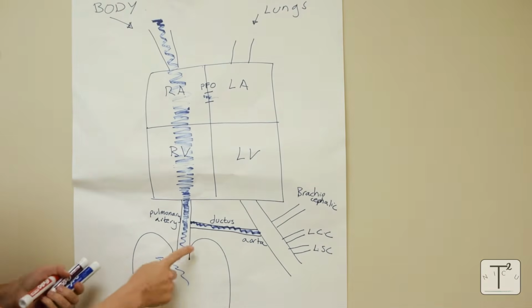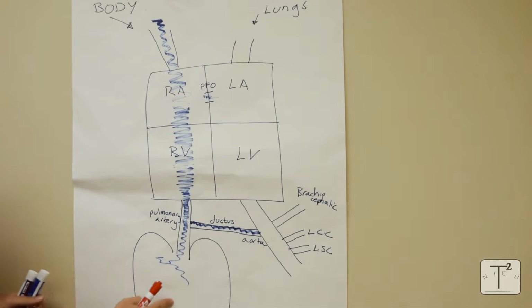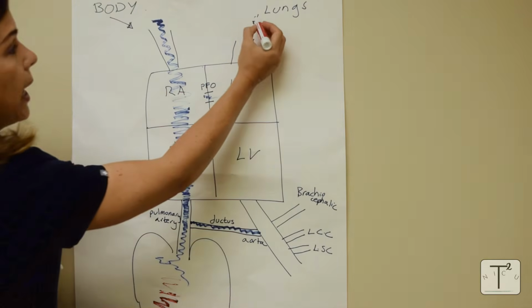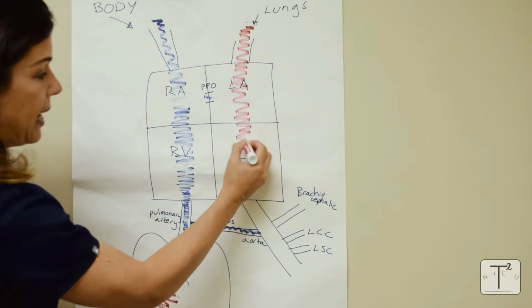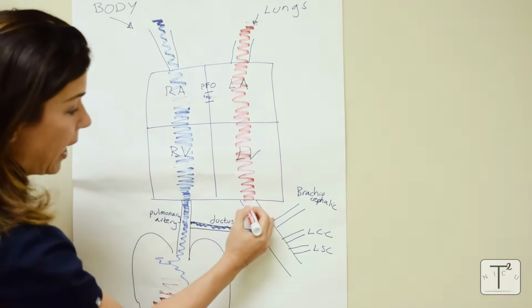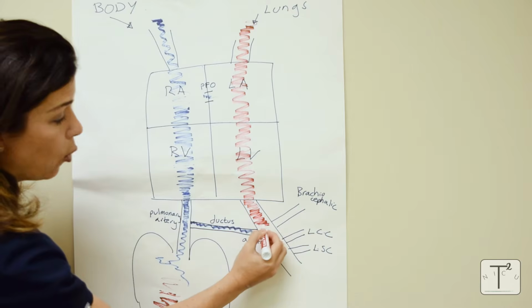So now let's see, the rest of this blood has now become nice bright red blood. That's the job of the lungs. I can't get my lid off. Okay, so this has become nice red blood in the lungs. That's not very red. Okay, so it's coming back nice and red into the left atrium, into the left ventricle. Okay, it leaves through the aorta.